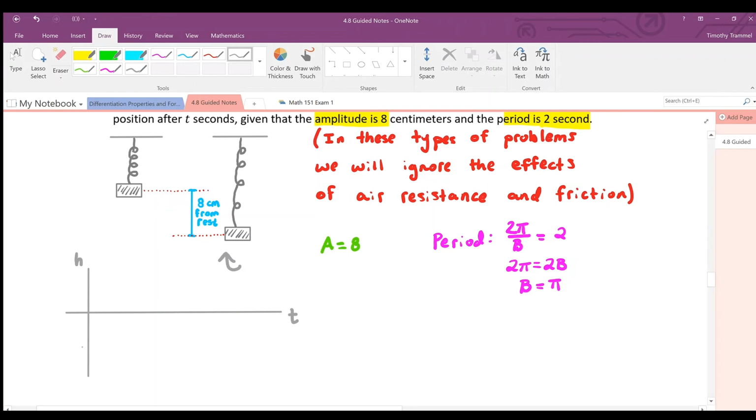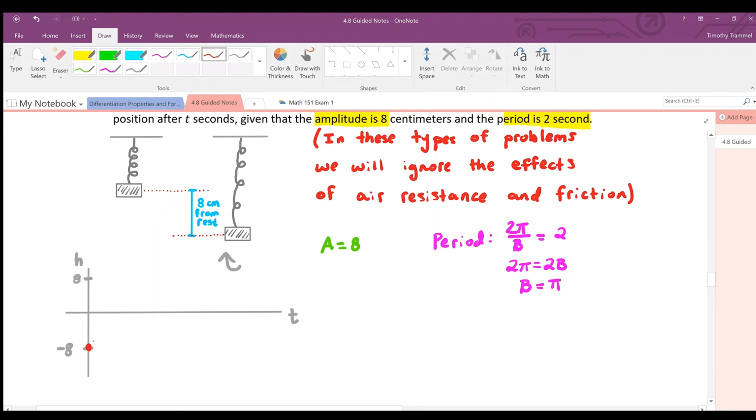Okay, let's say that is about right here, say -8. And remember, because we're ignoring air resistance and friction, that means that this block is going to go all the way up 8 units as well. So it should go all the way up to here. And I just want to sketch in where we're starting. Again, we're starting right here.